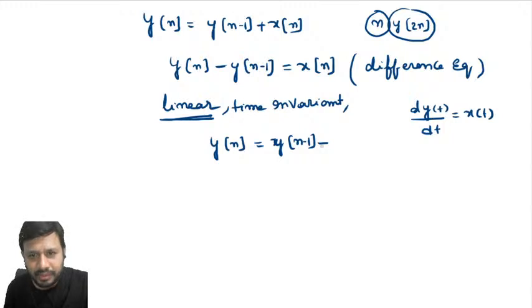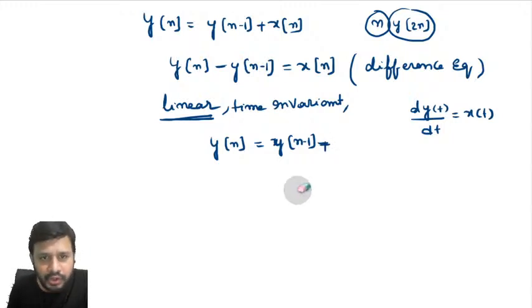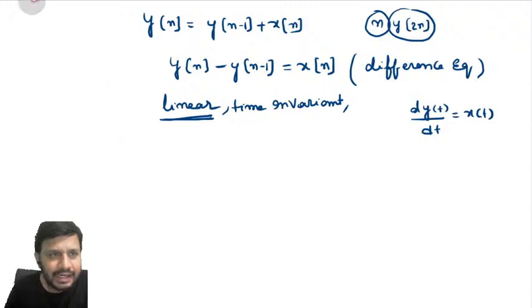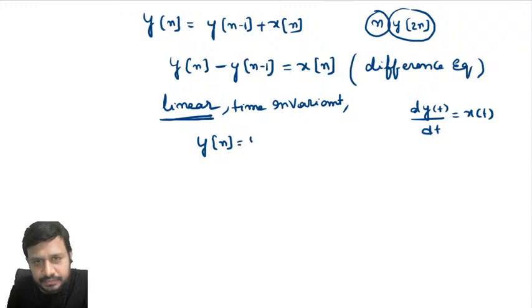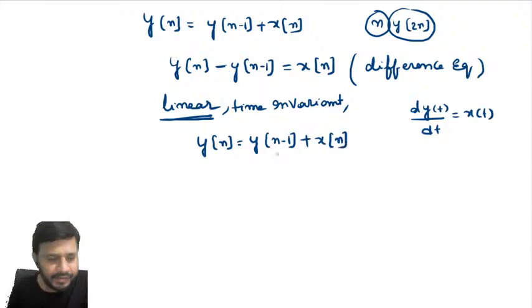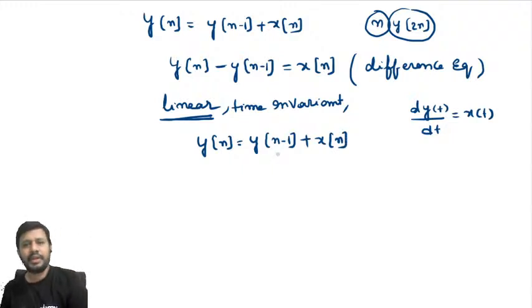Stability means bounded input must produce bounded output. Linearity and time invariance you can verify anyway, but look at the stability. This is important: bounded input must produce bounded output.